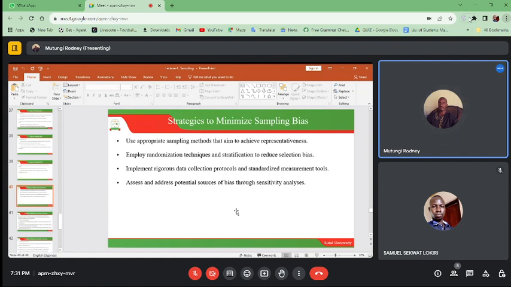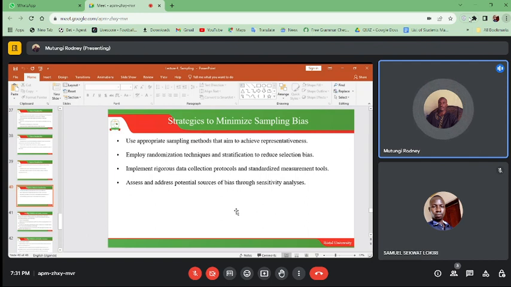Also do rigorous data collection protocols and standardized measurement tools. You shouldn't use recorders that have weak batteries, that cannot be used in those remote settings. Then you should also assess and address potential sources of bias through sensitivity analysis.